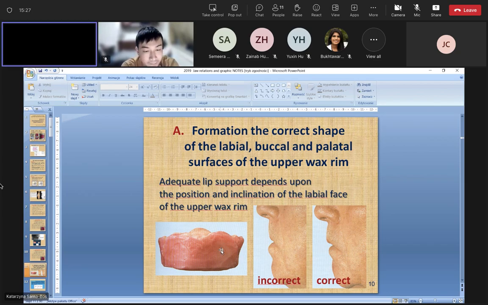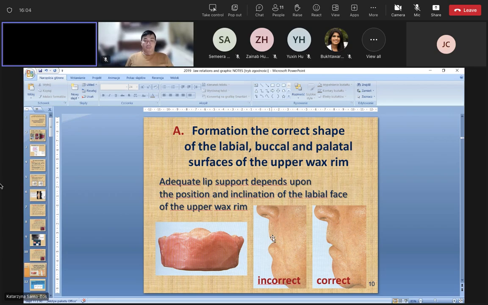To establish the proper support for the soft tissue, we should put the upper wax record block into the patient's mouth, and then establish the position and the shape of the labial part of this rim. As you see here, in this case, we can notice that this is insufficient support for the upper lip, because we don't see the redness, for example.